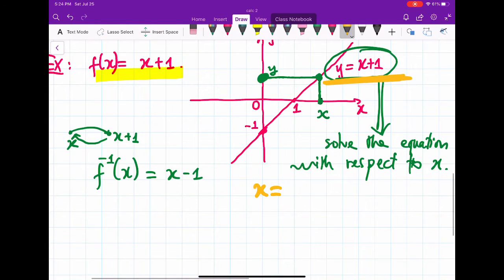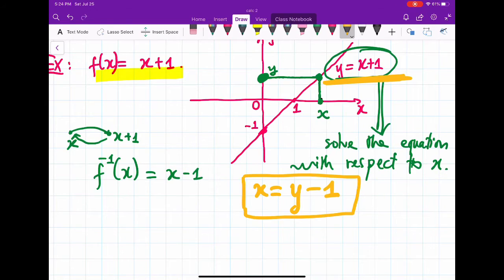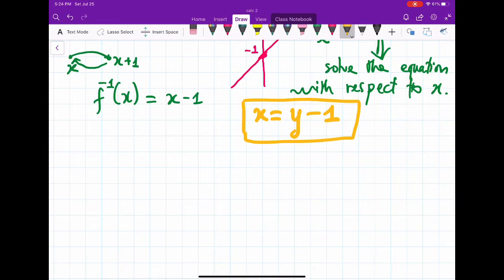You have x equals y minus 1. So yes, your inverse may look like this. But when you talk about the function, you just interchange the variable. So in this case, I can write the inverse of x equals x minus 1.